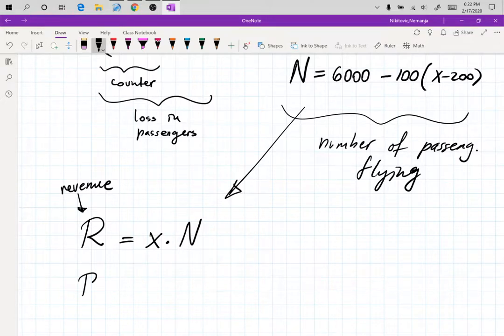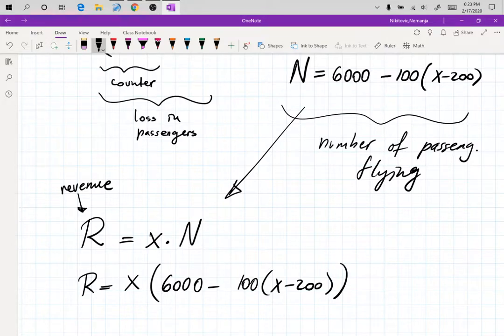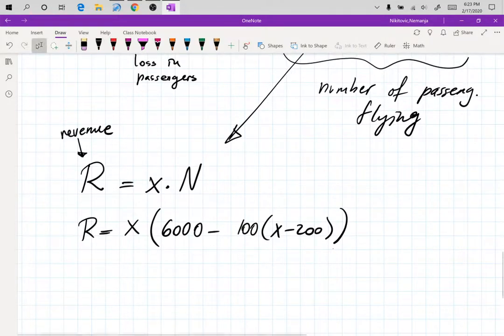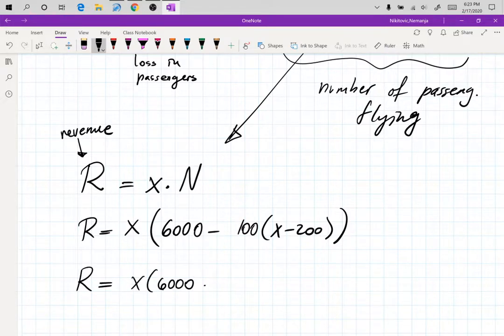Now the revenue is going to be X times your 6,000 minus 100X, and now we need to work out this algebra to get one solid equation out of this, because there's a lot of simplification that we can do here. So revenue is going to be X times 6,000 minus 100X, plus 20,000.